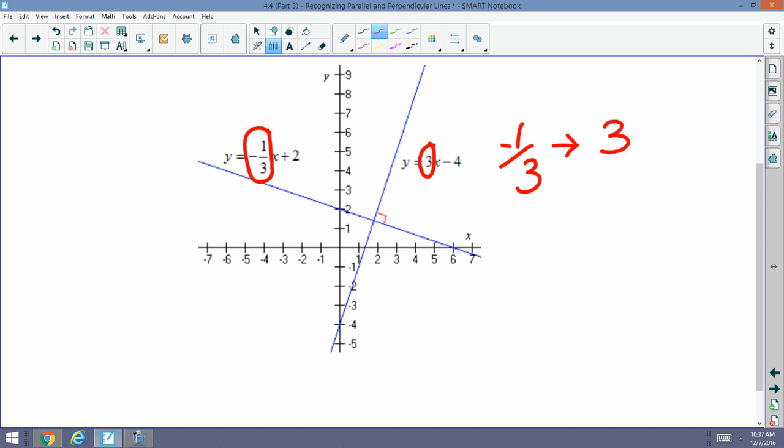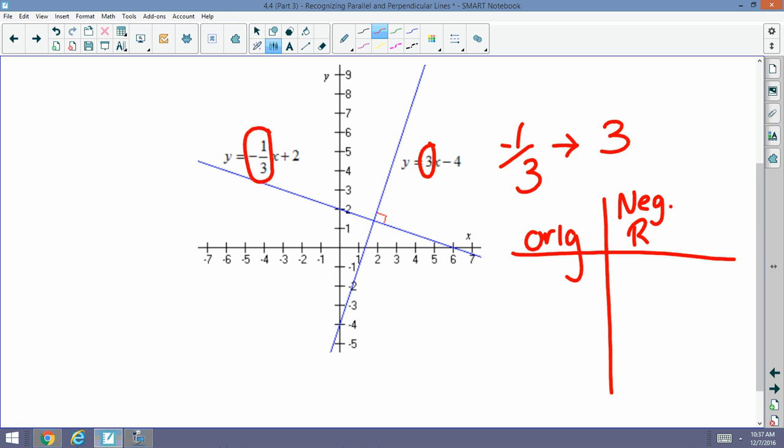How do you get a negative reciprocal? Well, it's quite simple. Let's say you have your original slope here, and then I want to show you the negative reciprocal over here on this side. My original slope, let's say, is 2. How do I find the negative reciprocal? First of all, guys, what's a reciprocal?